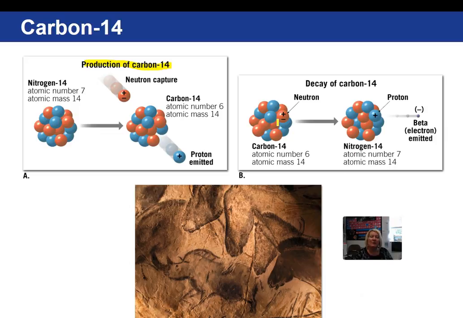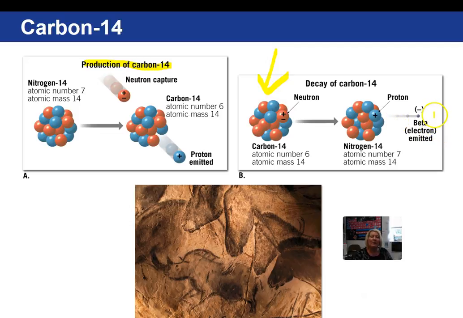Carbon-14 stays in your system at a relatively stable level until an organism dies. At that point, the carbon-14 decays back to nitrogen-14, as shown in this diagram. So here we have the carbon-14 changing back into nitrogen-14, and this is a beta decay process.